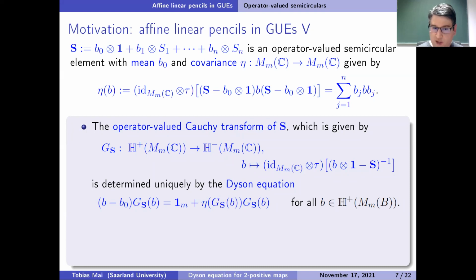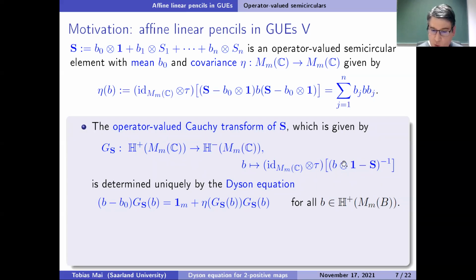And it tells us actually a lot, because since we enter the business of operator-valued free probability, and since we are dealing with an operator-valued semicircular element, operator-valued free probability theory teaches us that the operator-valued Cauchy transform, so this is the object that I introduced before, and in the case of this operator S, it looks like this.